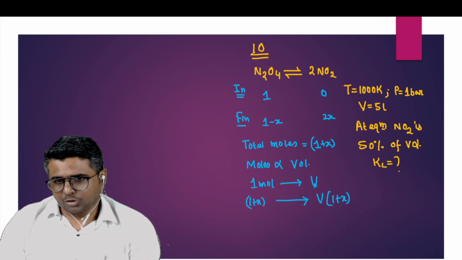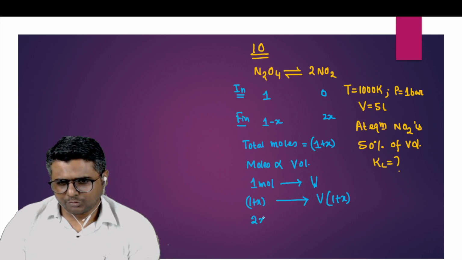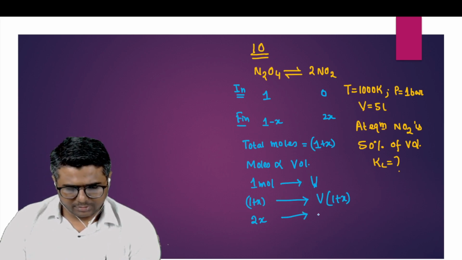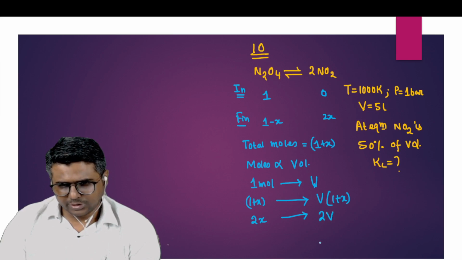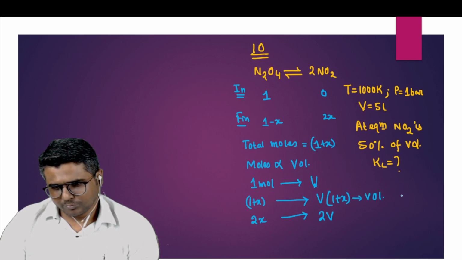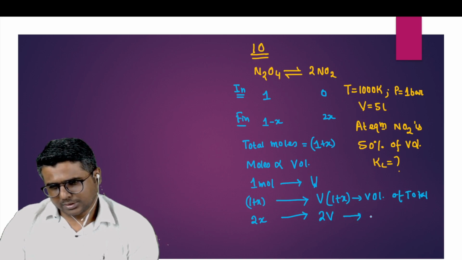Now, what is the volume of NO2? That we have to find out right now. If I want to find out the volume of NO2, then 2x will correspond to 2 into V. So this is the volume of the total mixture and this is the volume of NO2.